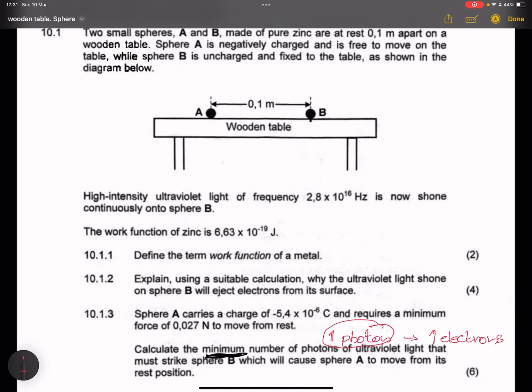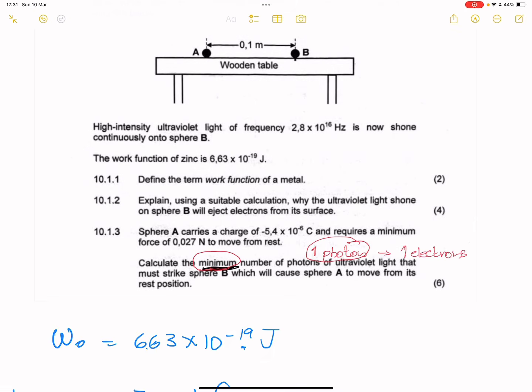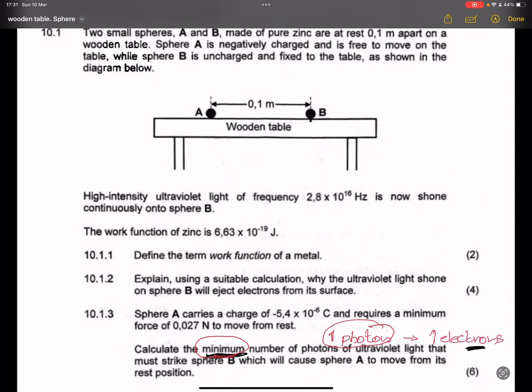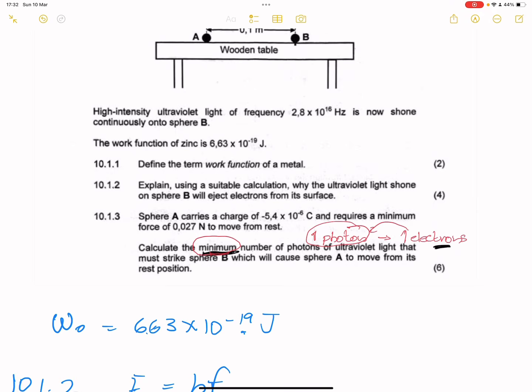But because they have said to us minimum, I am going to assume a 1:1 ratio between the two. So the question is, how many electrons can we actually eject here? If I can find out the number of electrons that can be ejected, then I can assume that will be the same number of photons.